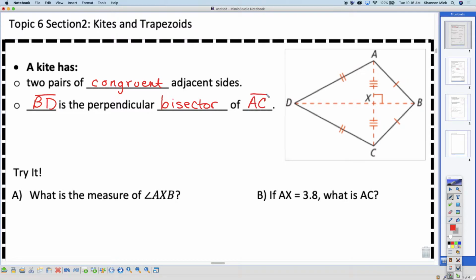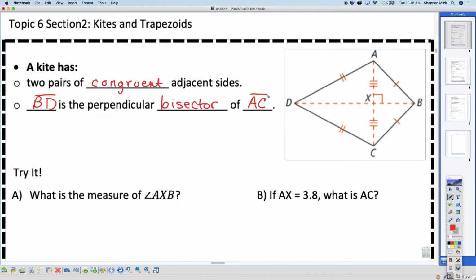Okay, what does perpendicular bisector mean? Perpendicular means they meet at a what angle? A 90 degree angle, a right angle. And bisect means it cuts it what? Exactly in half. It cuts AC in half, not BD. Got it? Okay, so that's what makes a kite.